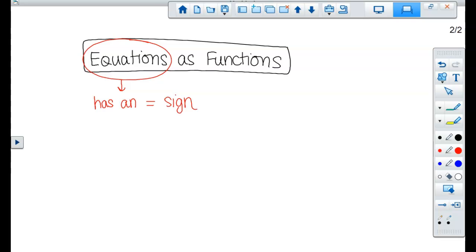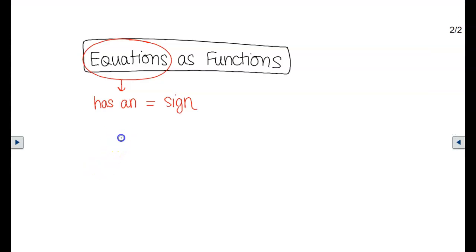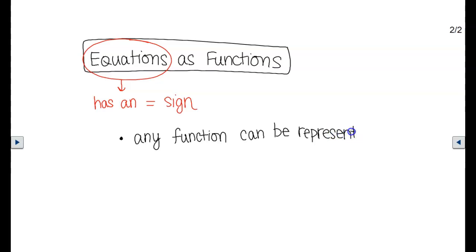All right, so here's what you need to know. Any function can be represented by an equation or rule.